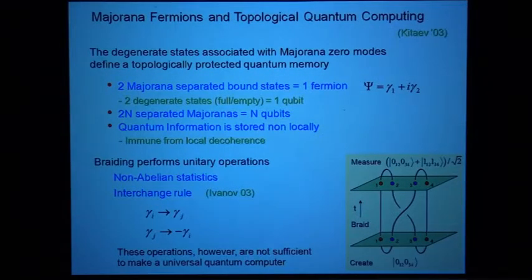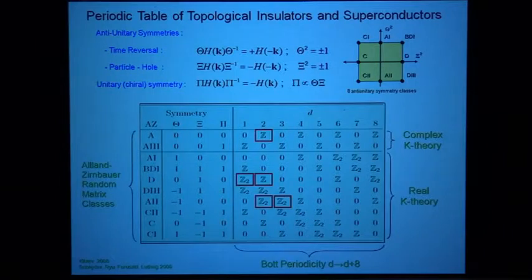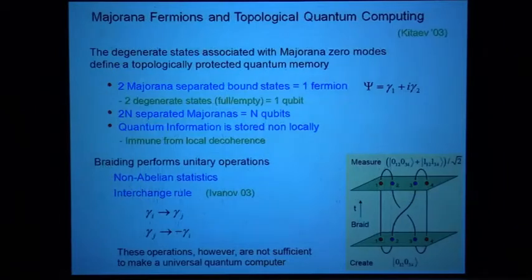So for topological superconductors, I want to say a little bit more about these discrete Majorana zero modes. There's something, of course, we very much would like to make come to life in the real world.